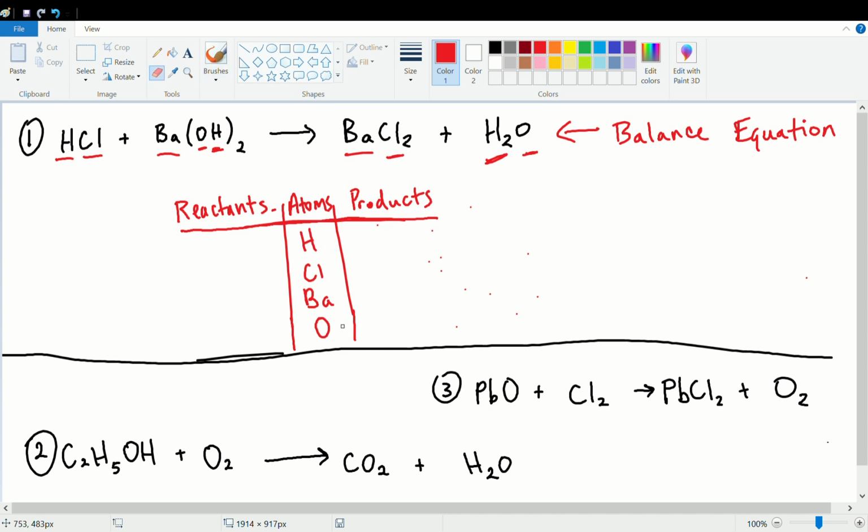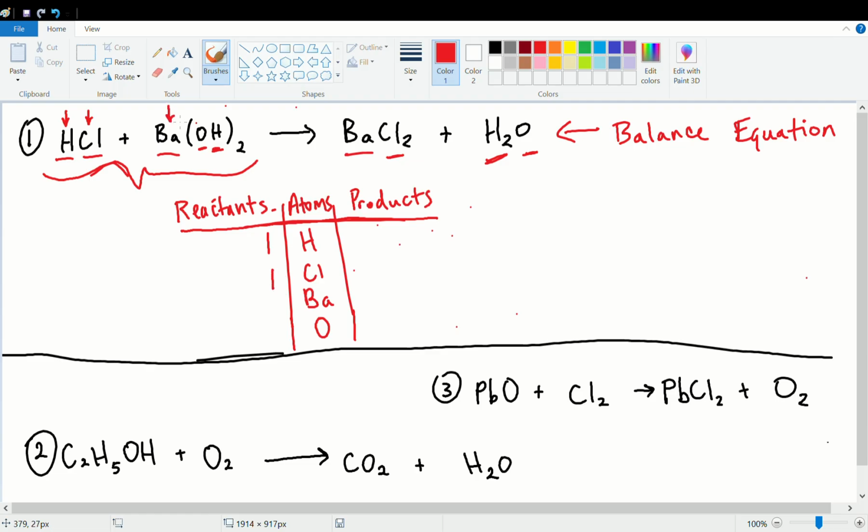And so before I begin, what I'm going to do is go ahead and count. So right now, I'm just looking at the atoms on the left-hand side, and I'm counting them. So I see one hydrogen, so I'm going to write a 1. I see one chlorine, so I'm going to write a 1.